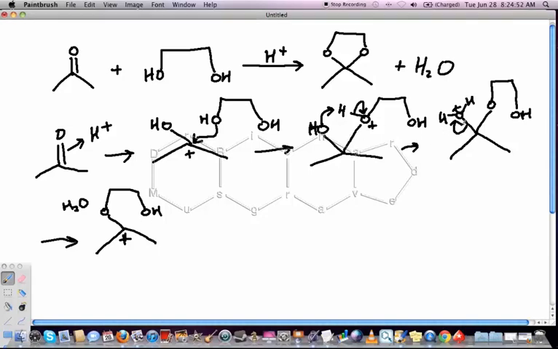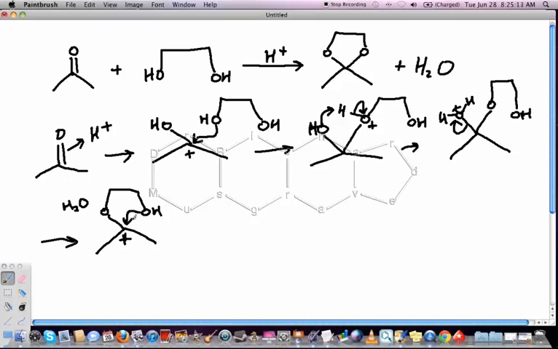The water left because we used two electrons from this bond here to add to the oxygen. So now the oxygen got its electron back, but the carbon here lost an electron. That's the carbon that we're talking about, this one here. So it is now positively charged.